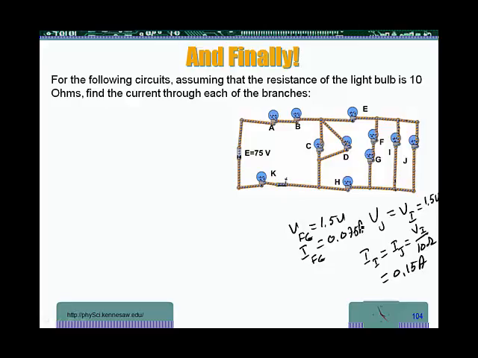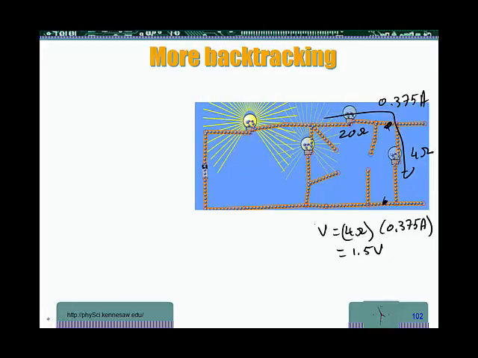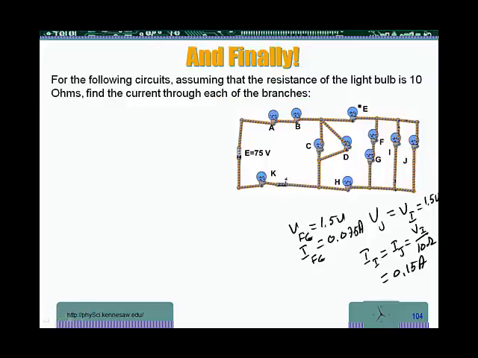Now the current through E is the same as the current through H, is what we found a few screens back, 0.375. Okay, so 0.375 should essentially add up to this one here. 0.15 plus 0.15, that's 0.3.